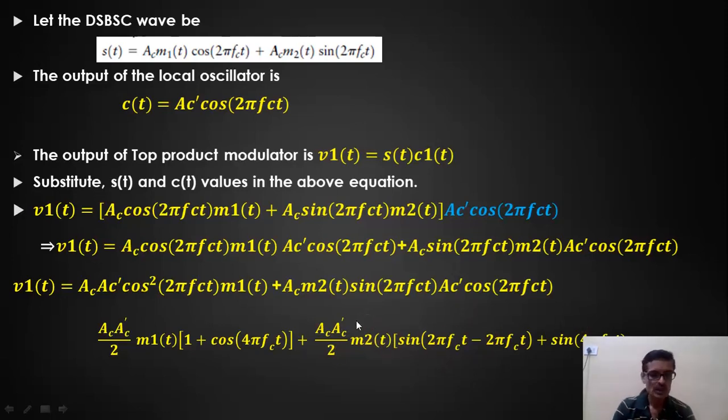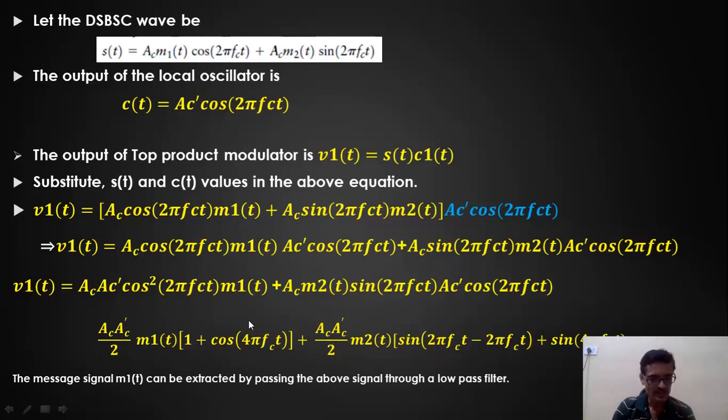Now I pass the entire component through a low pass filter. This is a high frequency component, this is a 0, and this is a high frequency component. So my low pass filter will eliminate these components, and it allows only Ac dash by 2 M1 of t, multiplied by 1, that term itself.